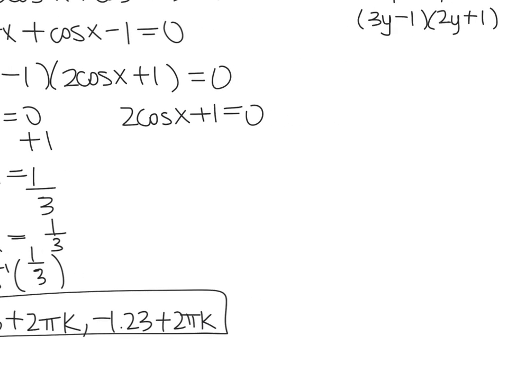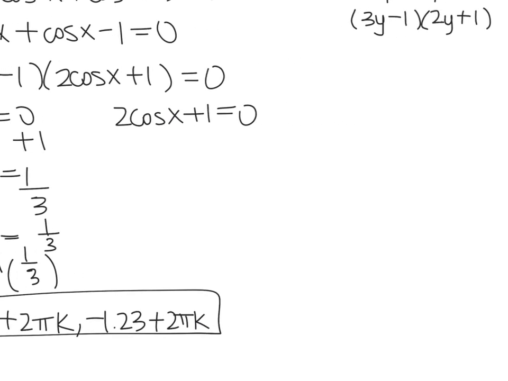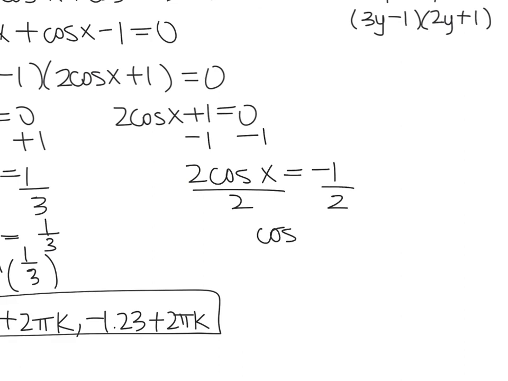For our second equation, we're going to subtract 1. We get 2 cosine of x equals negative 1. Divide by 2. We have cosine of x equals negative 1/2. So our solutions are going to be when x equals cosine inverse of negative 1/2.